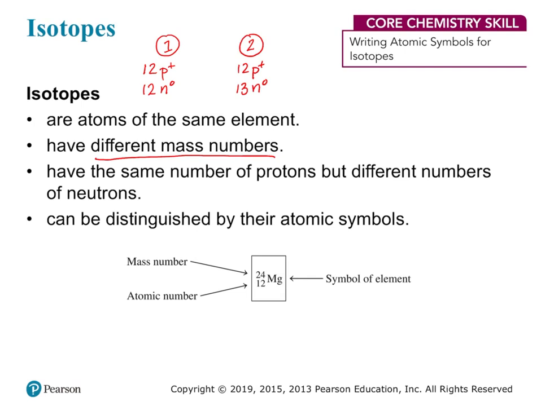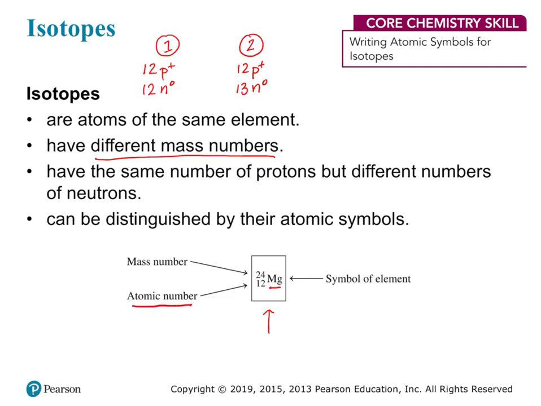Now, down below, we have an isotopic symbol there, and this symbol allows us to see both the mass number and the atomic number for a particular atom. So we write the element symbol, and then to the lower left, we write the atomic number.